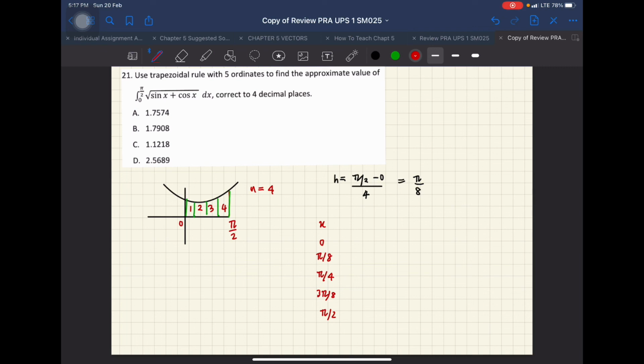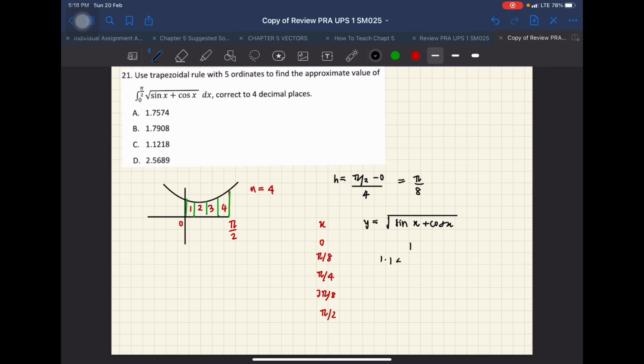For our y value, which is equal to sin x plus cos x, when we press the calculator, the first value we get, substituting 0 into this, you will get 1. Then the second value, it doesn't tally, 1.14. Where is my answer? 1.14305, this one.